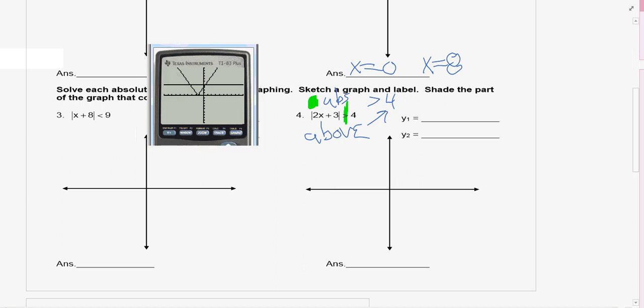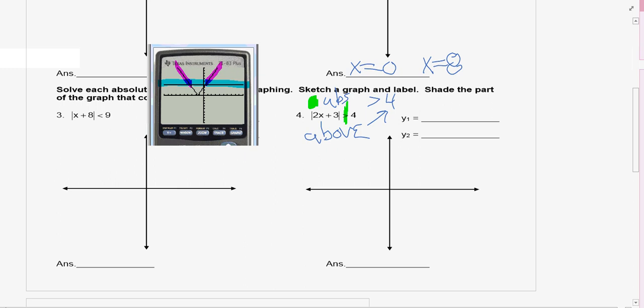And so we're looking for everything that's above this line y equals 4. Let me trace over that. So everything above there is going to be on the line. It's going to be this section right here, and it also has another leg over here. So everything that's in the purple is part of the solution.